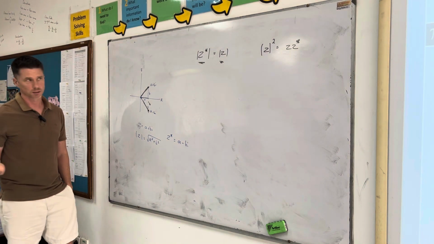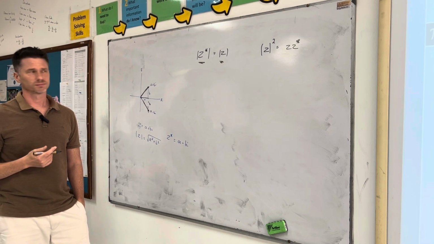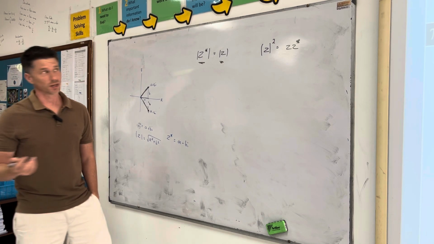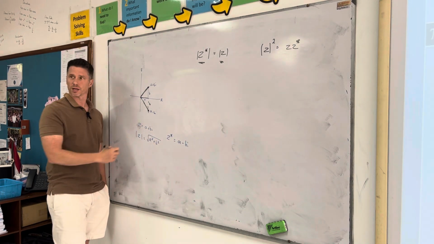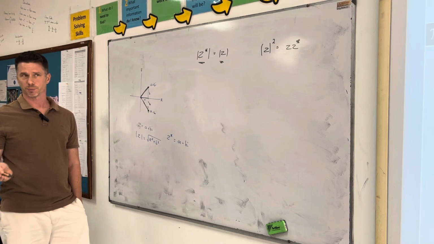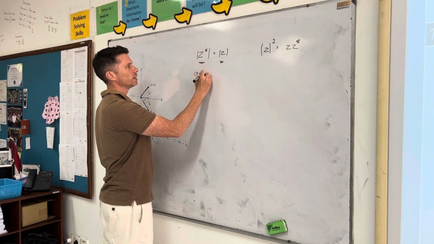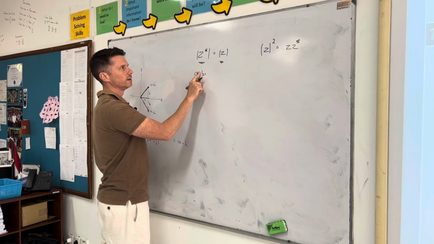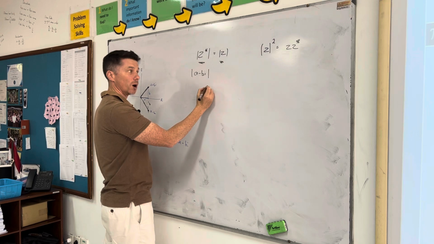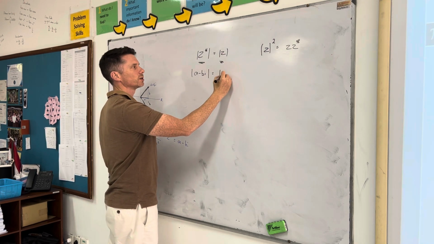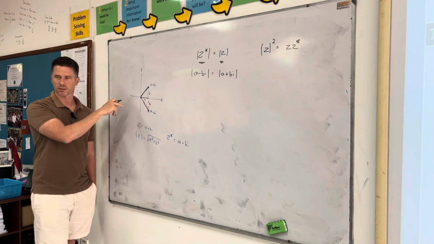Make sense? Okay. How would I prove that? We'll use this complex number as our example. We can always use a plus bi or x plus yi as our example. So a plus bi, and this, of course, would be a minus bi because it's the conjugate. We're going to get the modulus of this complex number and the modulus of this complex number, the distance back to the center.